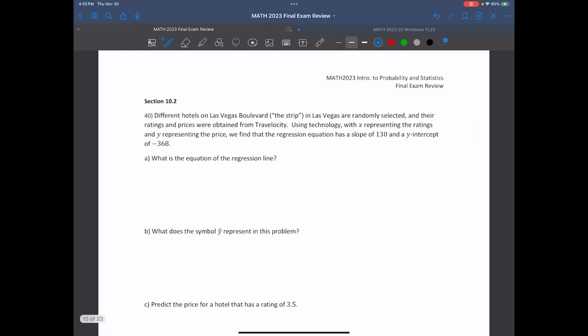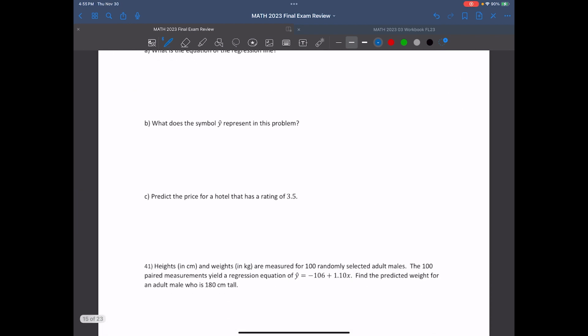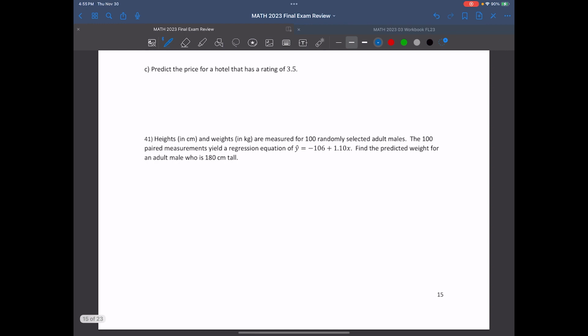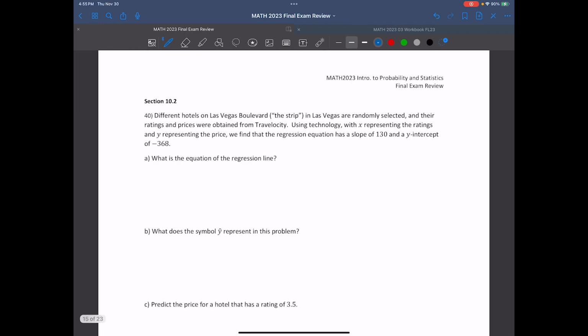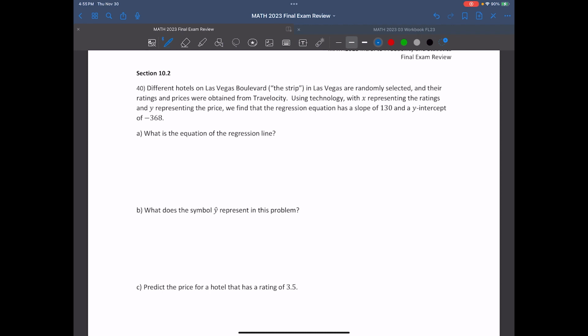And then finally, in section 10-2, we look at 40. Oh, wait, I thought we had just one more, but we have two more. So 40 different hotels on Las Vegas Boulevard, referred to as the Strip in Las Vegas, are randomly selected, and their ratings and prices were obtained from Travel City.